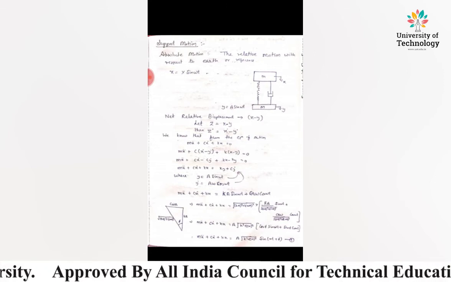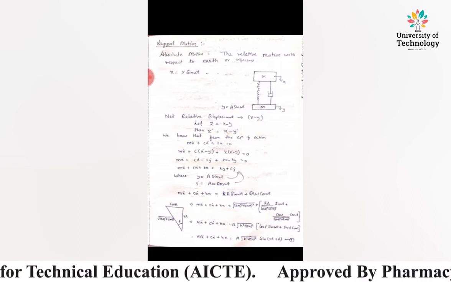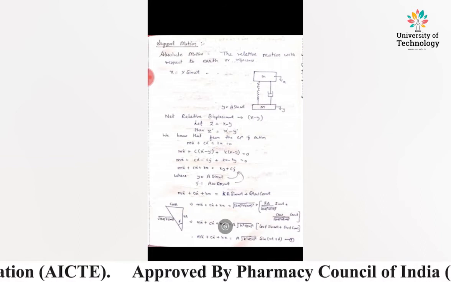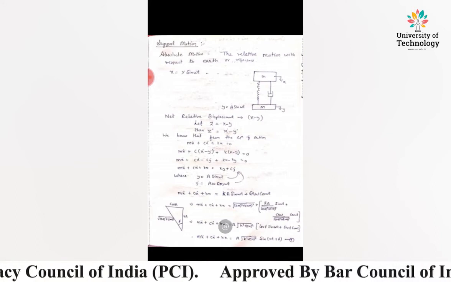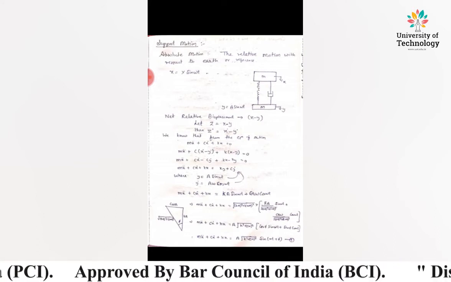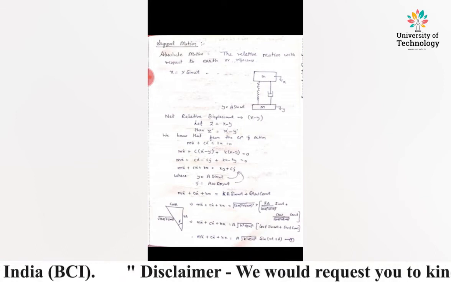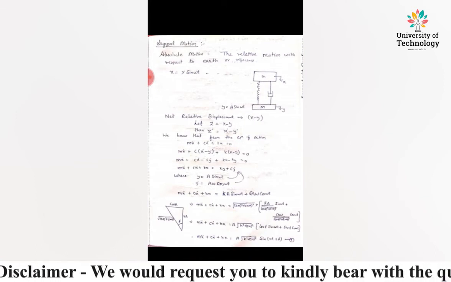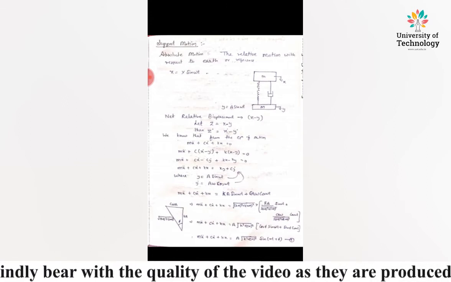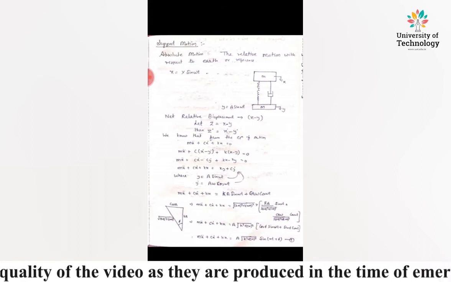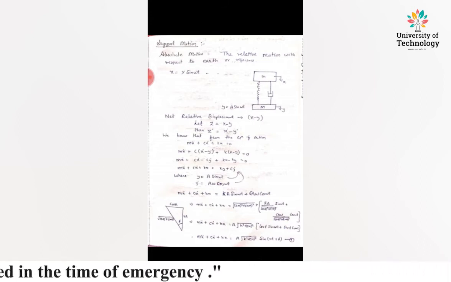If we make a triangle of this equation, we get the diagram shown on the left side below. From this triangle we know that cos phi is equal to kA upon the root of (kA) square plus (c omega A) square.